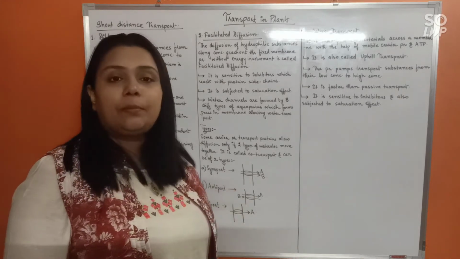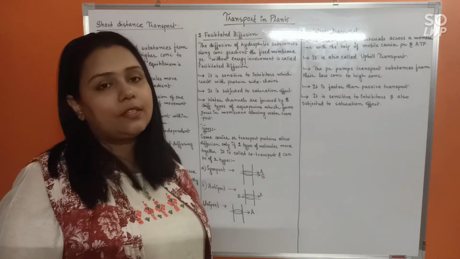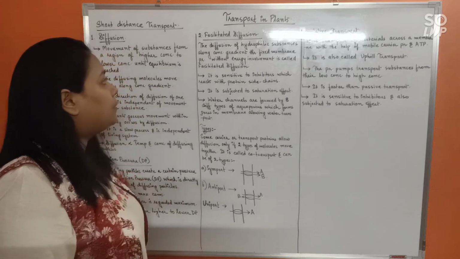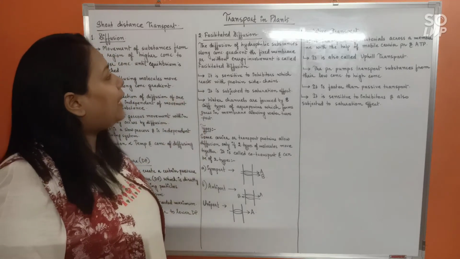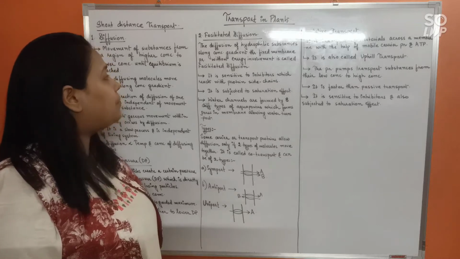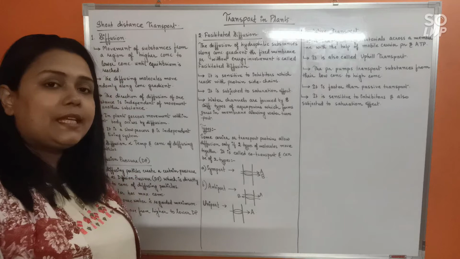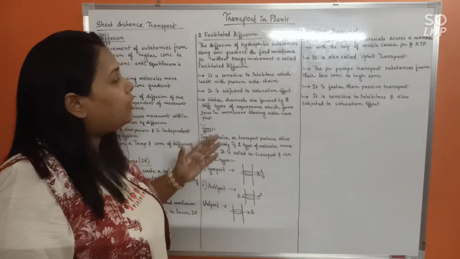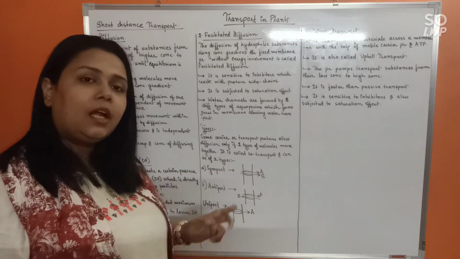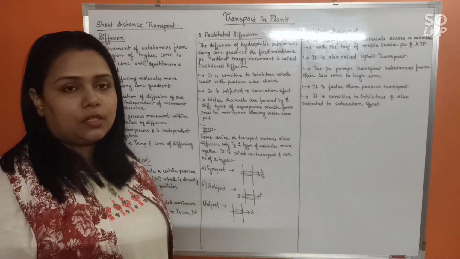This diffusion is dependent on membrane proteins and it is also dependent on the presence of a living system. Alright, so see here. The diffusion of hydrophilic substances along the concentration gradient through fixed membrane proteins without energy involvement is called facilitated diffusion. So here the substances are moving as per the concentration gradient itself. It's moving from higher to lower concentration itself.